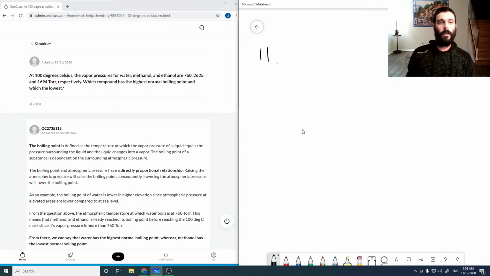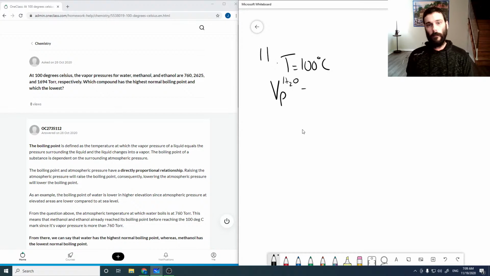So this question states, at 100 degrees Celsius, the vapor pressure for water is 760 torr.